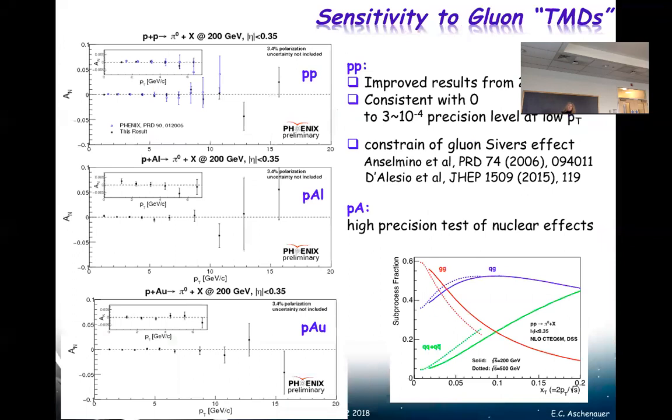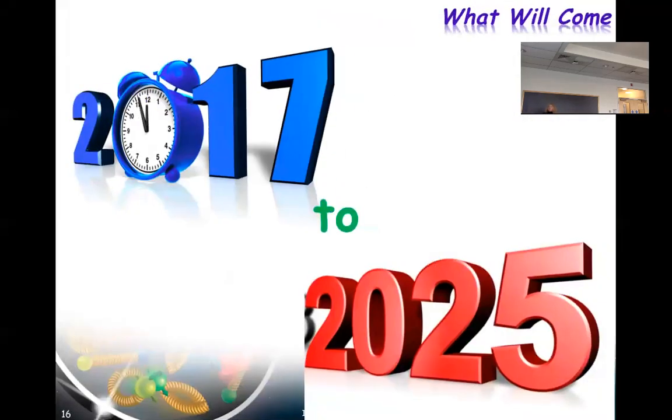And you see this asymmetry is precisely 0 to 10 to the minus 4. Which, again, should give a limit on the twist-3 gluon Sivers function, and as such also an indirect limit on the Sivers function. So what can you expect from RHIC, taking 2017 to 2024?